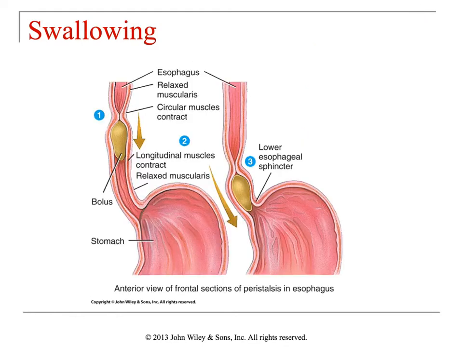What's going to happen during the esophageal phase is the circular muscles are going to constrict, and then they're going to relax, and then the longitudinal muscles will constrict. It's kind of like a milking motion. So we're going to squeeze and push, and we're going to move the food down through the esophagus until we get to the stomach.